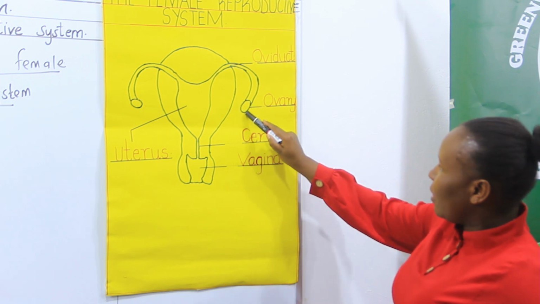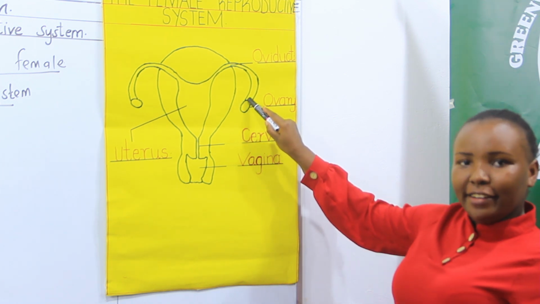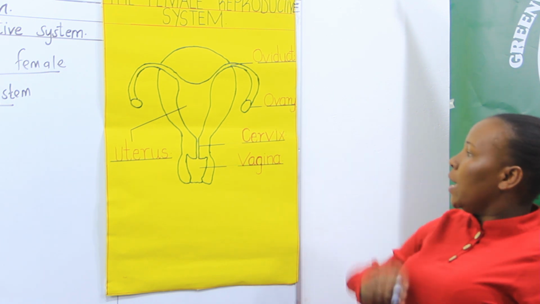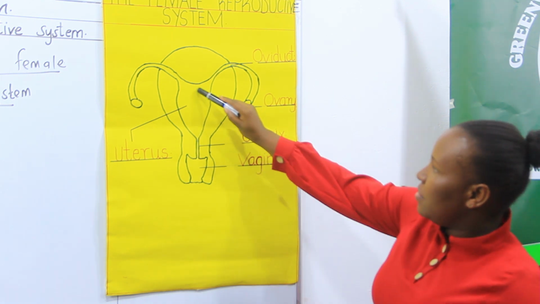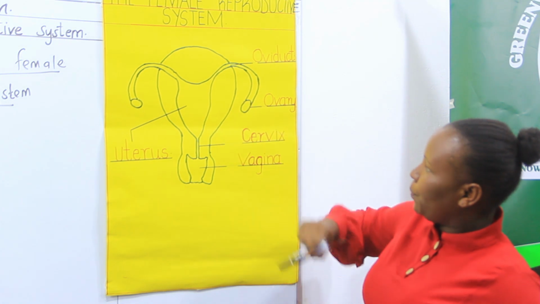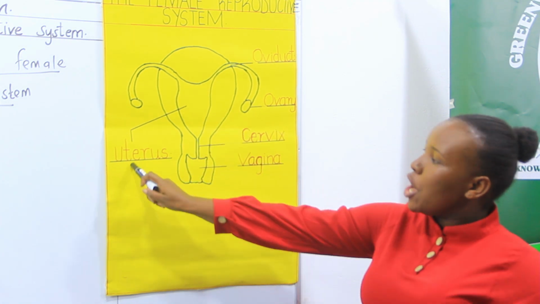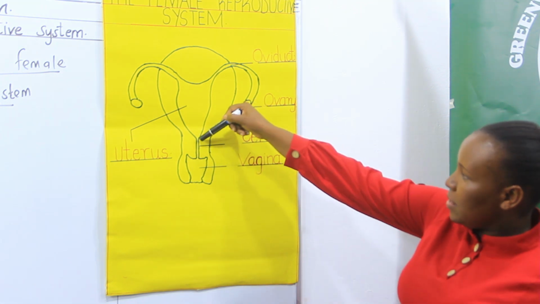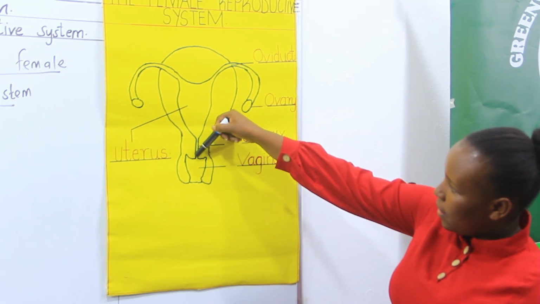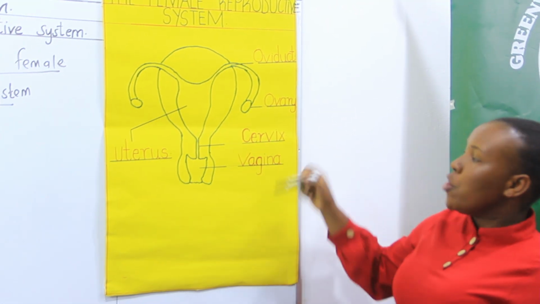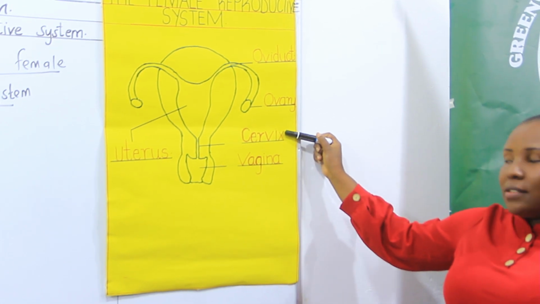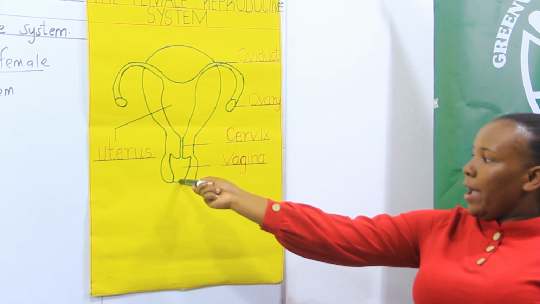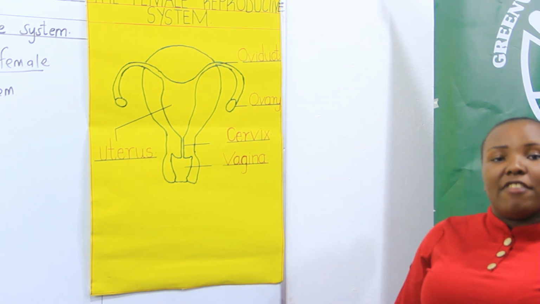This part here that looks like an egg, we call it ovary. Now, we have this part that is here. We call it uterus. We have this part here. We call it cervix. Then we have this other part that is lower here. We call it vagina.